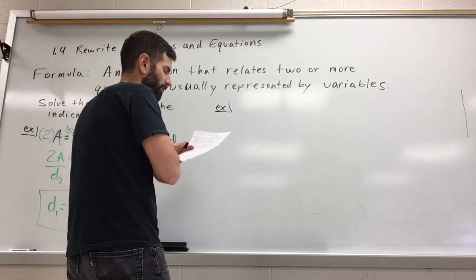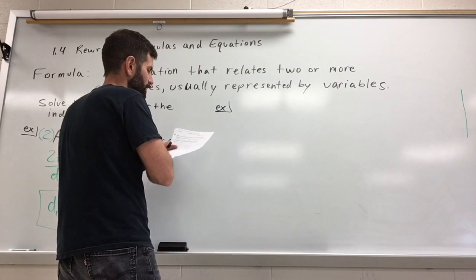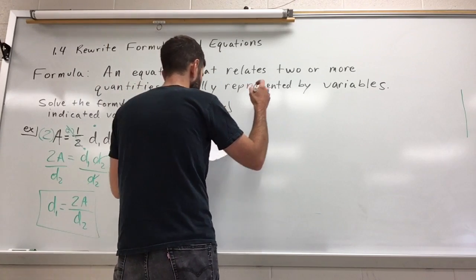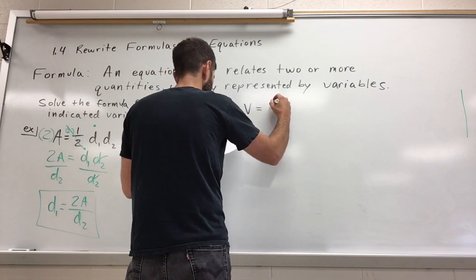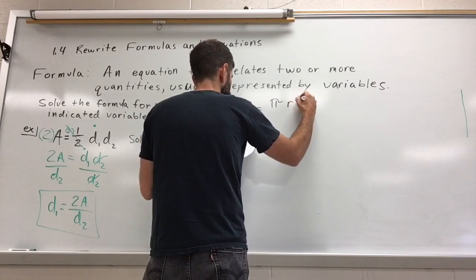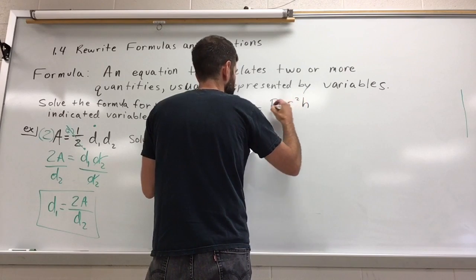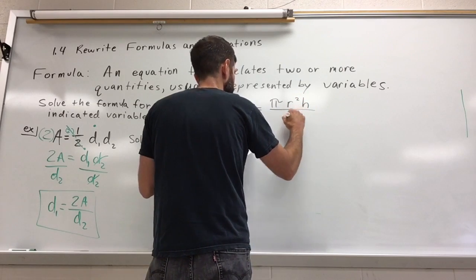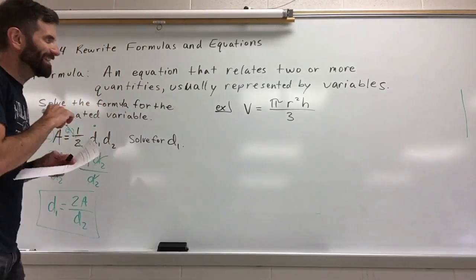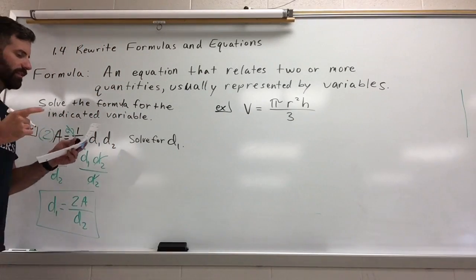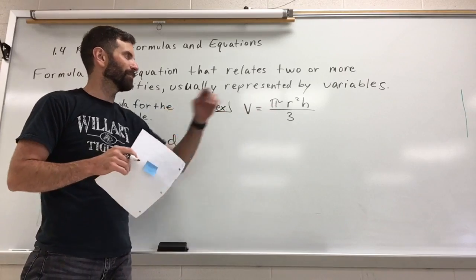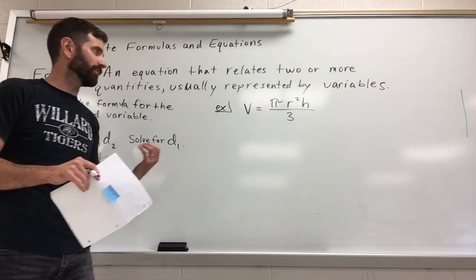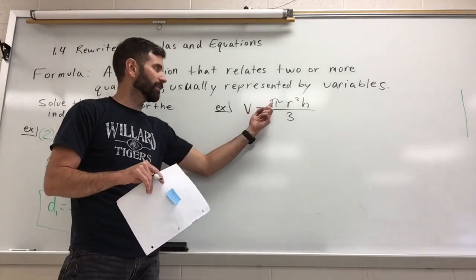This is the volume formula of a right circular cone. You probably saw this towards the end of geometry last year. If you got to this point, got to volume, I hope you did. Volume's all around us. So we're going to solve this formula. So we've got pi. Pi is not a variable, is it? It's a number. It's an irrational number. It can't be written as a fraction, but it's a number.